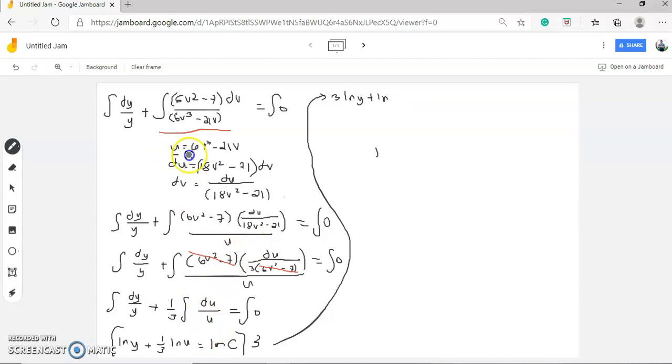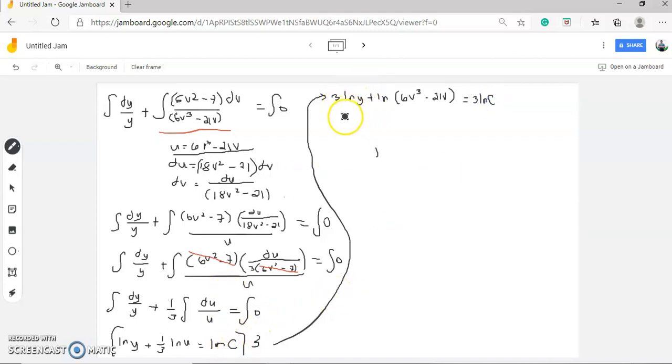And your u happens to be this value, right? So your u is 6v cubed minus 21v. Tapos we have equals 3 ln of c. So 3 ln of c.